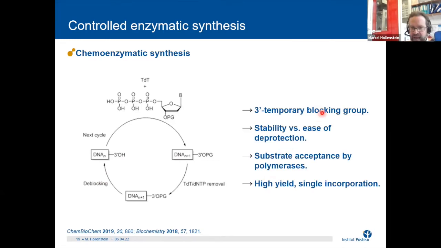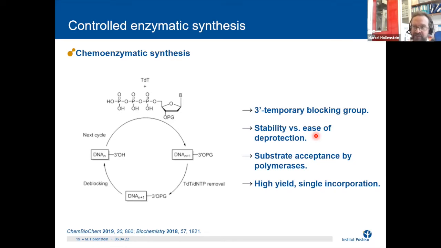So we have to identify 3' temporary blocking groups, and these must satisfy a number of criteria. First of all, there needs to be a fine balance between stability versus ease of deprotection. So it needs to be stable enough so that it doesn't fall off during the enzymatic reaction or during storage.